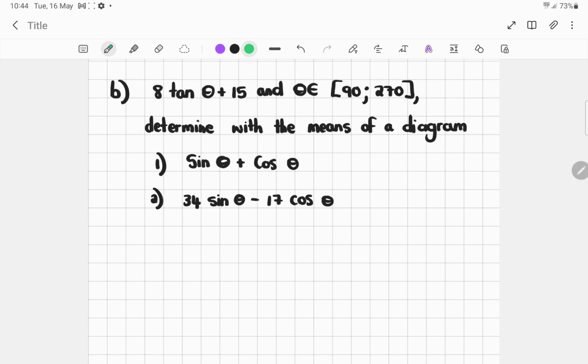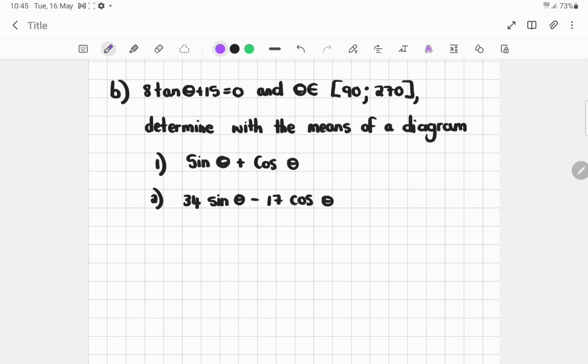All right, let's look at another example. The first step is we need to simplify our equation. Let me just rewrite that quickly. They say to you, if 8 tan theta plus 15 is equal to 0 and theta is an element of 90 to 270, determine with the means of a diagram.